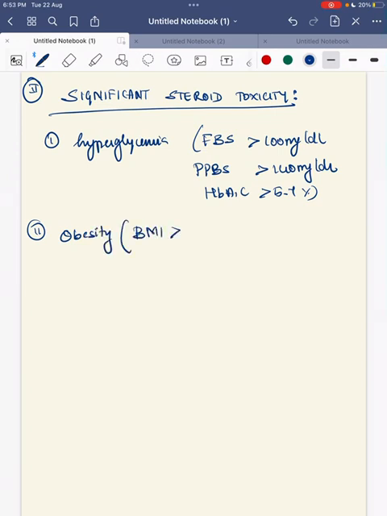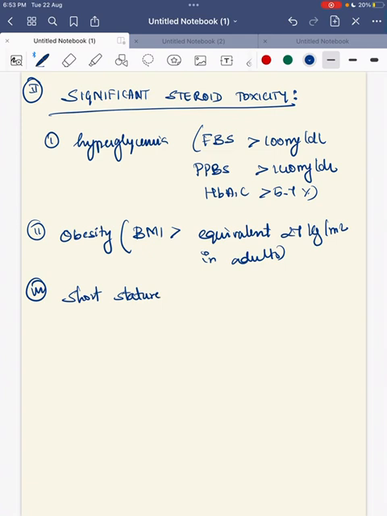Next is obesity. That is when the child's BMI is more than or equivalent to 27 kilogram per meter square in adults. You call it obesity.